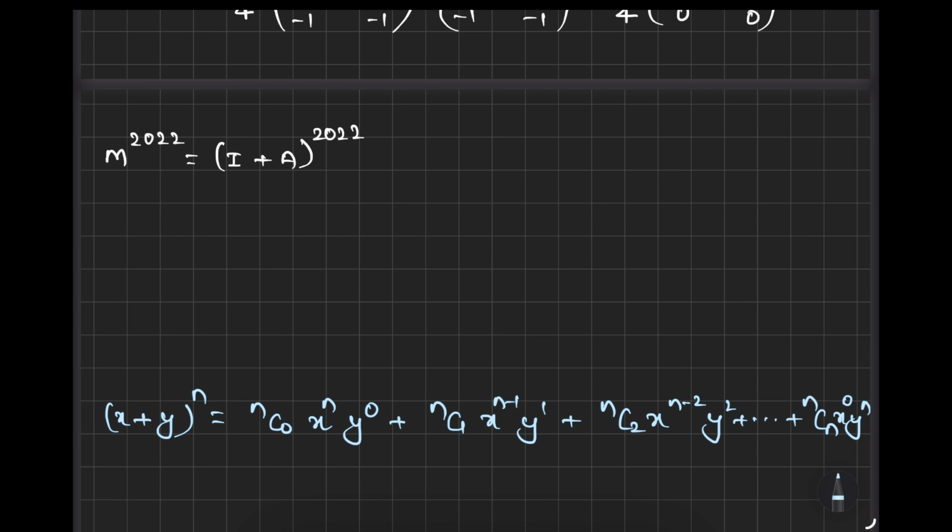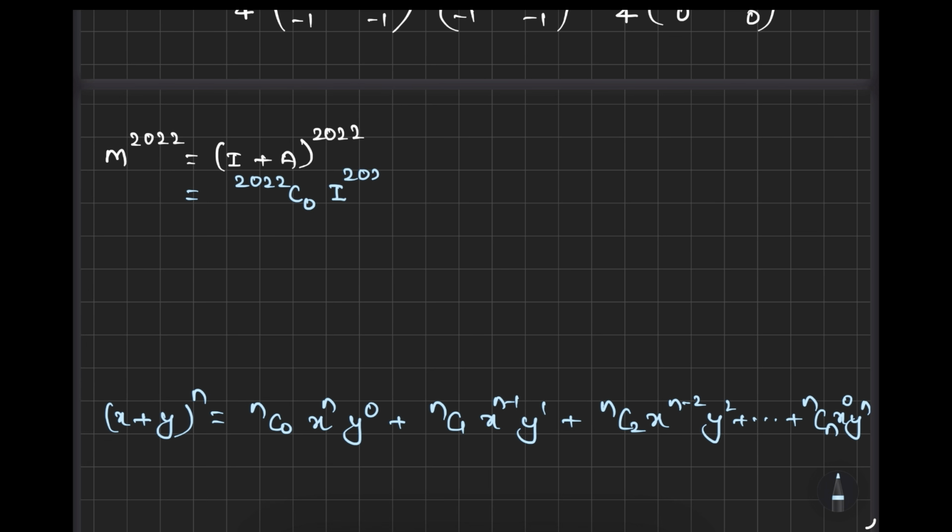So here also we can write 2022C0 I to the power 2022 and A power 0.